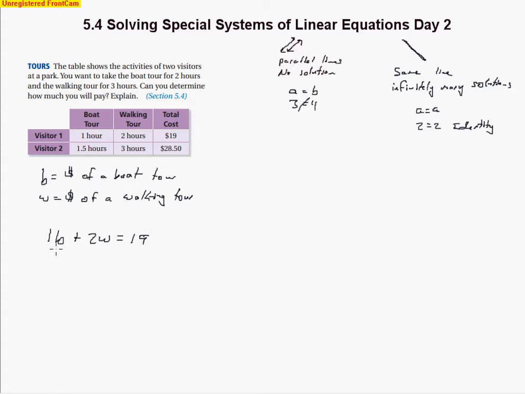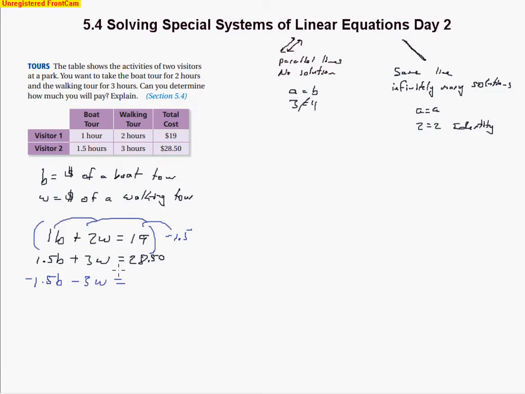And so I'll go ahead and set up my next one: 1.5B plus 3W equals 28.5. So when I go ahead and solve this, I'm going to multiply this equation by negative 1.5. So each of these terms I'll multiply by negative 1.5. That makes it a negative 1.5B, and then negative 1.5 times 2 makes a negative 3W.